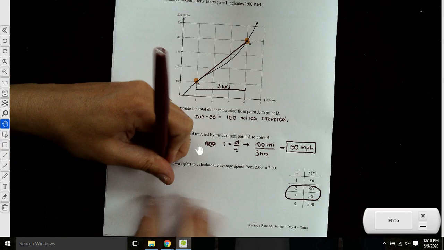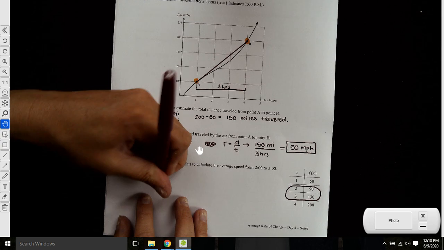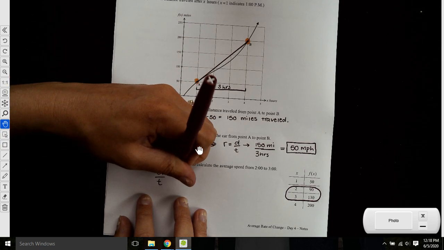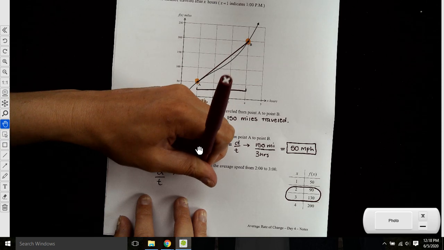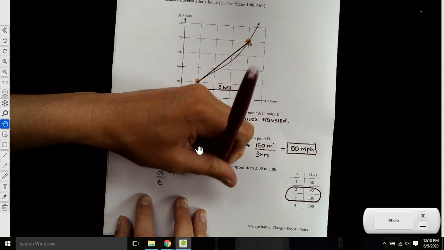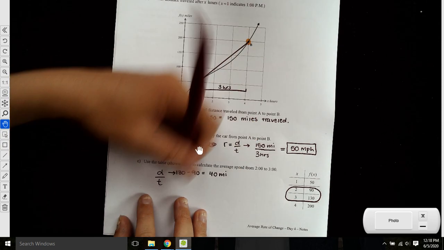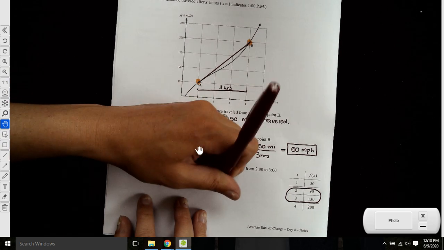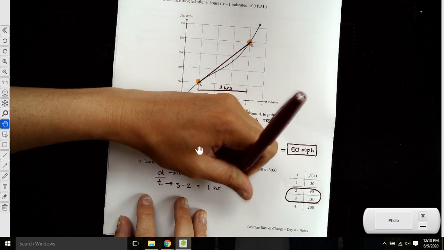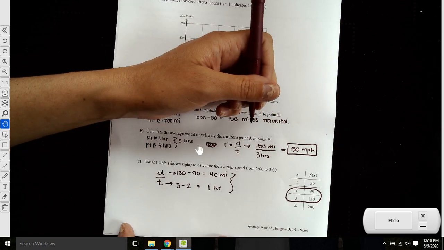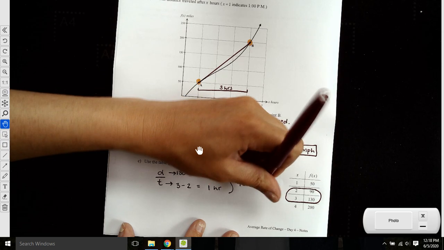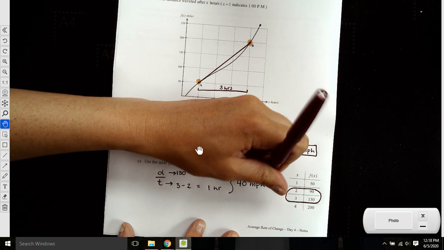So again, it's distance over time, and the distance, 130 minus 90, is 40 miles. And the time, 3 minus 2, is 1 hour. So this puts together for distance over time is 40 miles per hour.